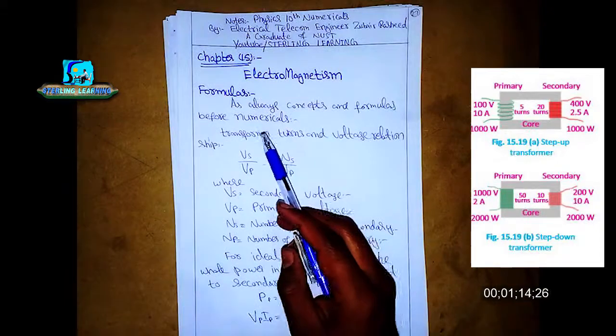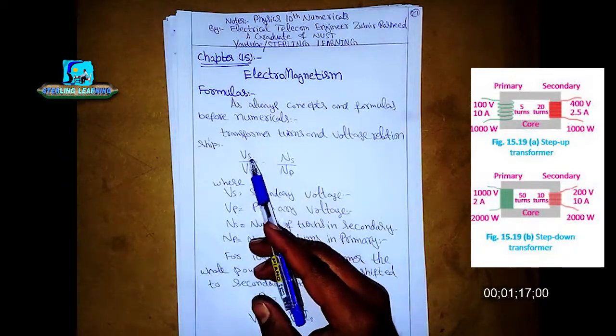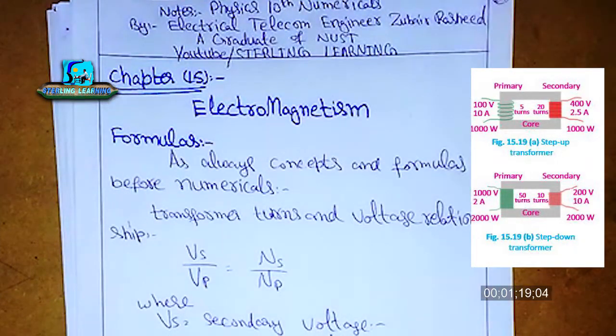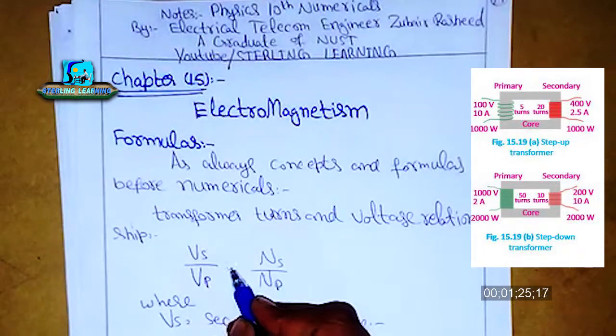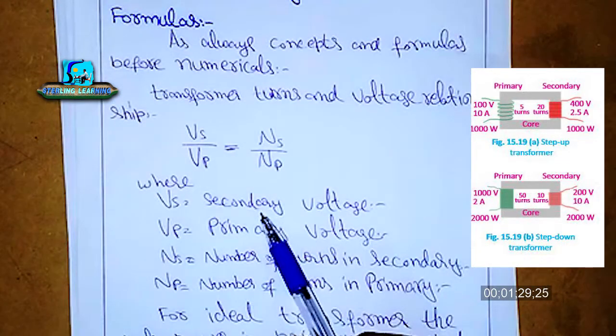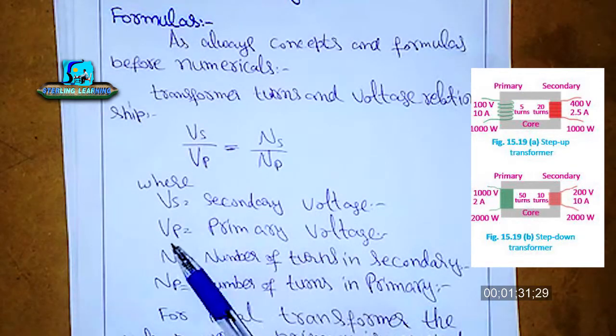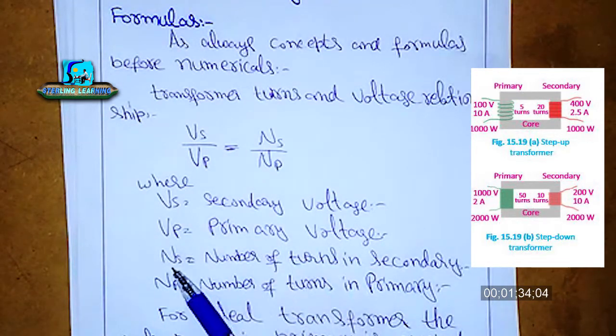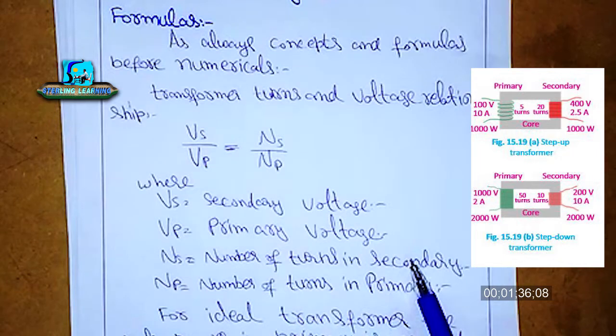As always, concept and formulas before numericals: transformer turns and voltage relationship. Vs over Vp is equal to Ns over Np, where Vs is the secondary voltage, Vp is the primary voltage, Ns is the number of turns in secondary, Np is the number of turns in primary.